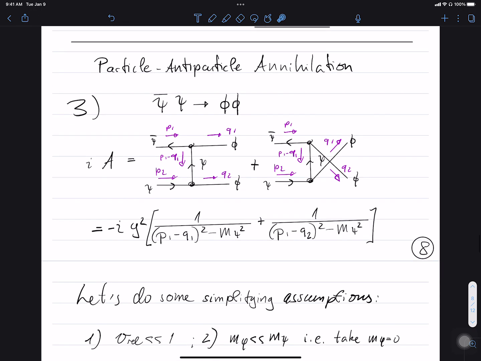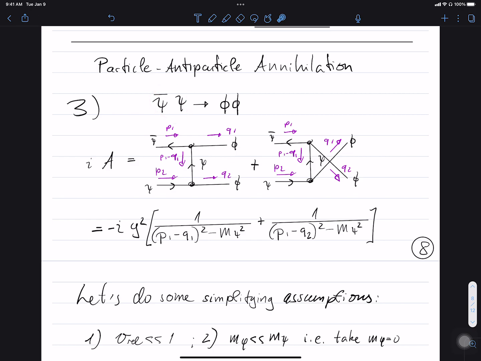The other example is a particle-antiparticle annihilation. So we can have psi bar going to phi, and let's see how that diagram looks. Here we could have the incoming antiparticle exchanging the particle itself in the T channel, and then we have the particle coming in that are connected like this, and they're going into two phi particles. So this is a really inelastic process where the psi bar disappears.